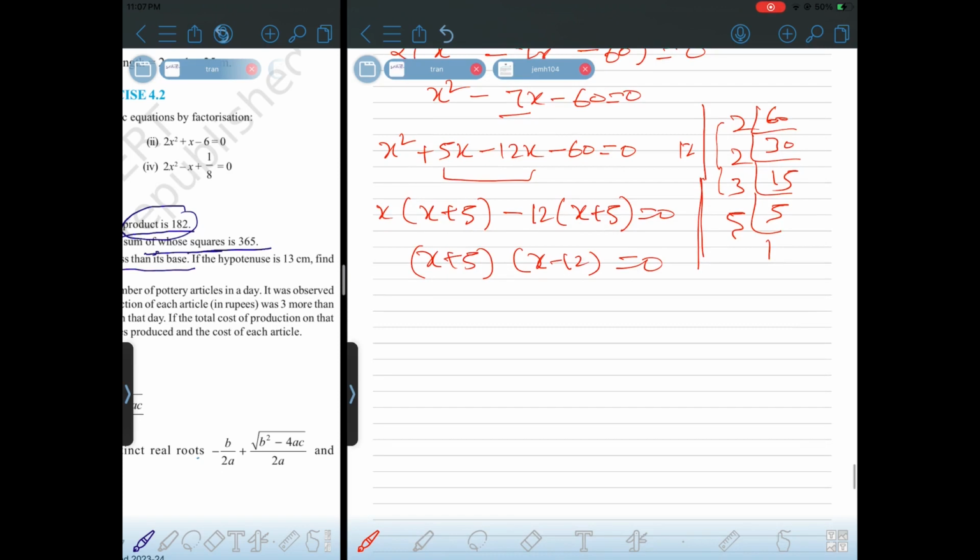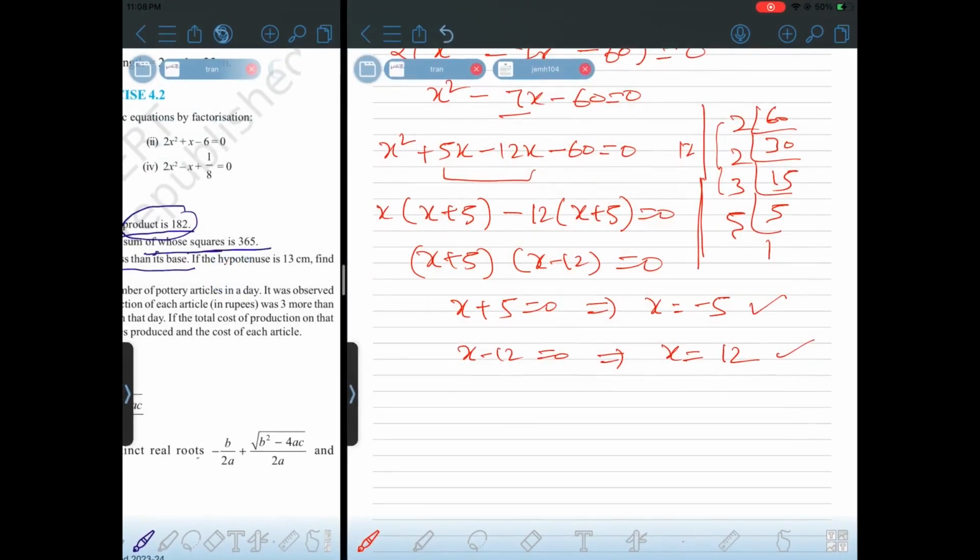Now you can find the values. x plus 5 is equal to 0 gives x equal to minus 5, and x minus 12 is equal to 0 gives x equal to 12. So now we have two values of x: minus 5 and 12.